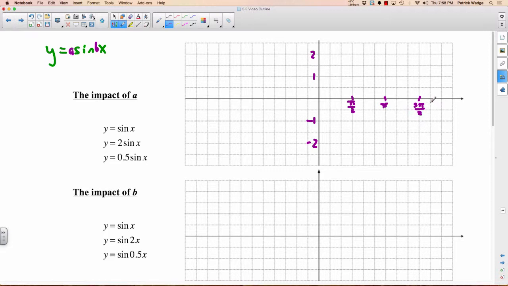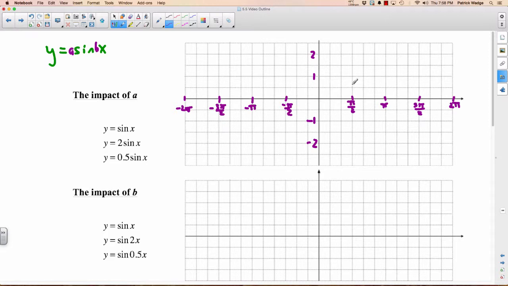If you look back to last day, we did this same sort of thing last day. Maybe I should have set this up before I started the video. Anyway, this would be negative 2 pi, this would be negative 3 pi over 2, this would be negative pi, and this would be negative pi over 2.